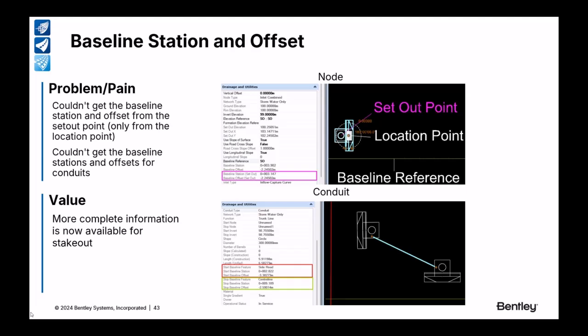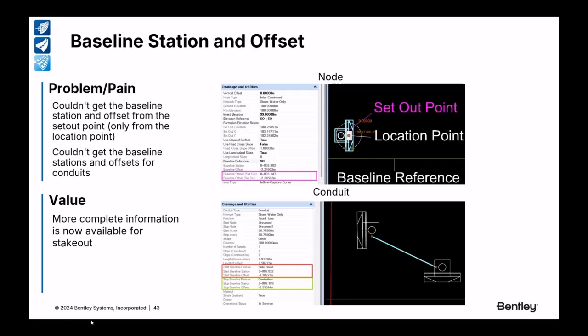And then off the back of that, we've added the ability to get the baseline, station and offset for a conduit. Now we've kind of borrowed from the nodes here. So instead of asking you to pick a baseline reference, again, probably a road center line, for your conduit, we figured, well, if you want to use baseline, station and offset, you will have already picked it for the nodes. So if the nodes that the conduit links to have got a baseline reference set, then we use that automatically.